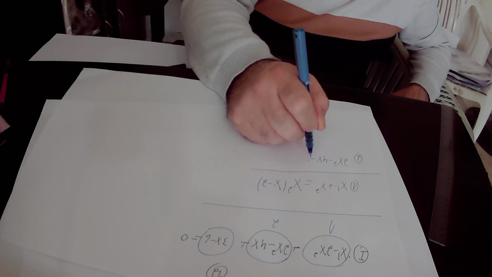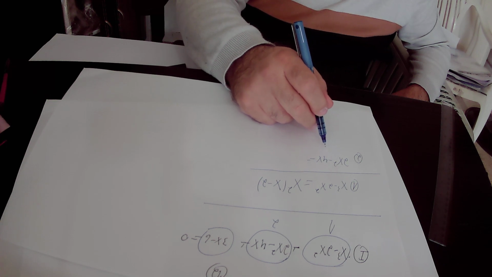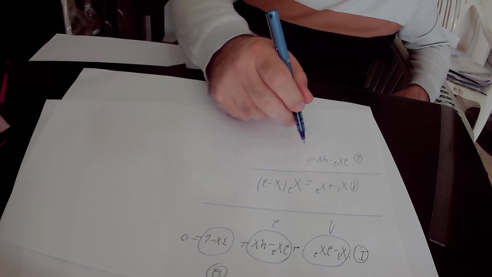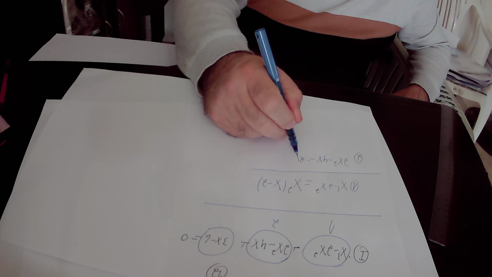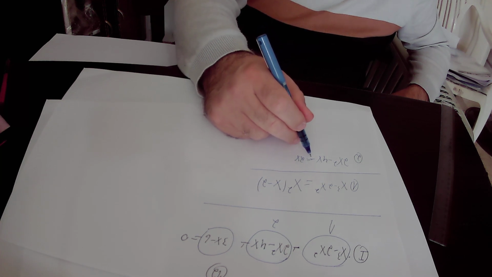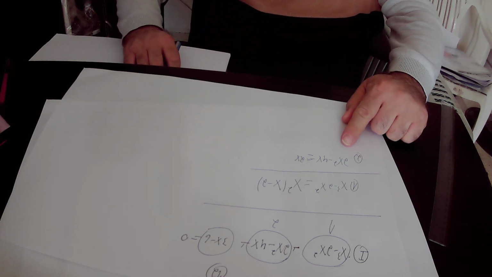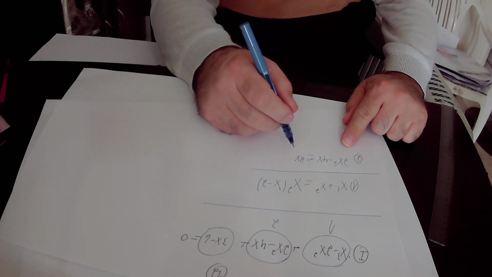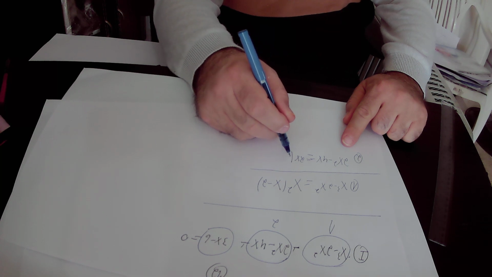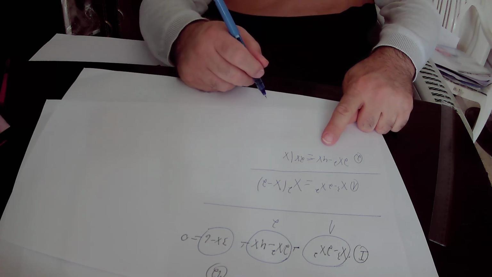Here we will take the common factor of 2x from this expression. So what is left from 2x squared after we took 2x as a common factor? What is left is actually x. And what is left from minus 4x after we took 2x as a common factor?